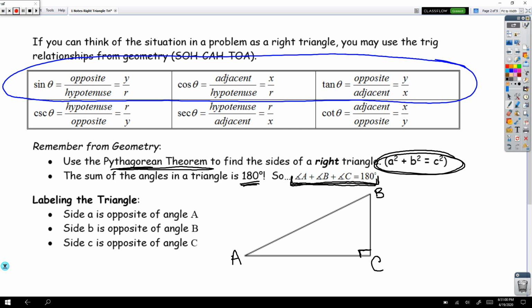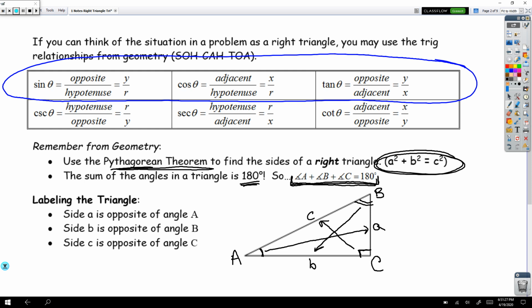So angle A is here. That means side A is going to be opposite of that angle. So there's A. Here's B. So side B would be down here. And then C would be our hypotenuse. Now we're always going to use uppercase to represent the angle and lowercase to represent the side length.